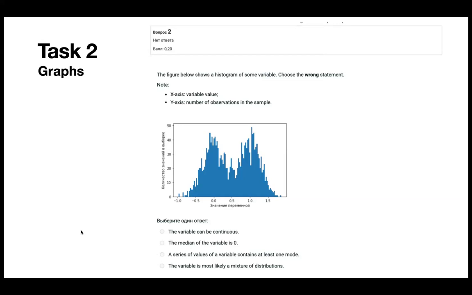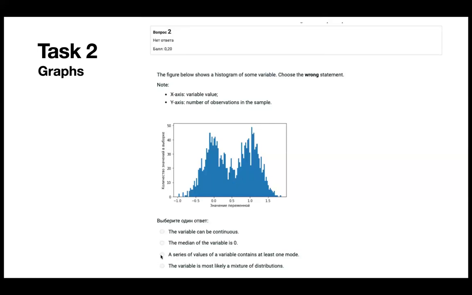But let's take a look at the other statements. A series of values of a variable contains at least one mode. That's also true, because almost every distribution has a mode until it's a line. So here we can see one mode, that's the most popular value in our distribution.